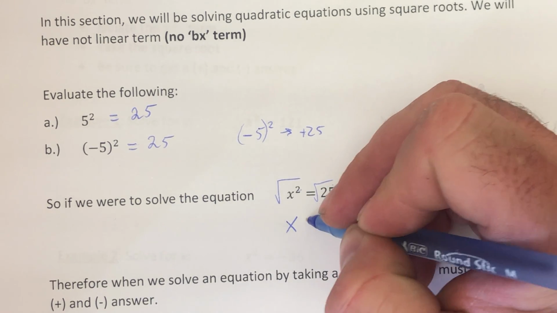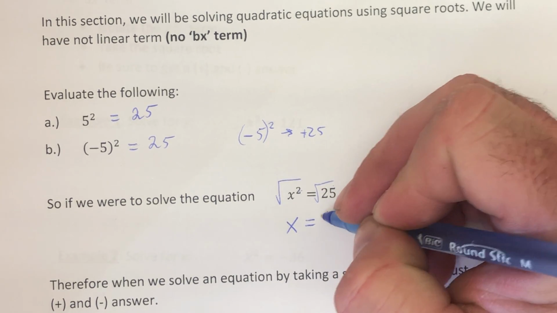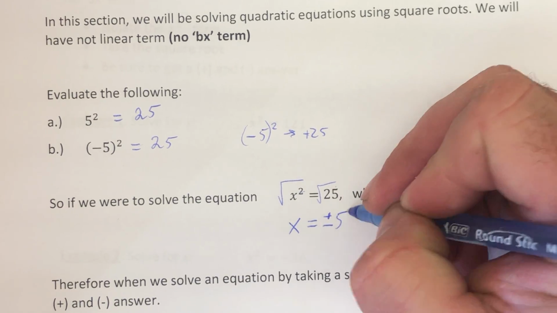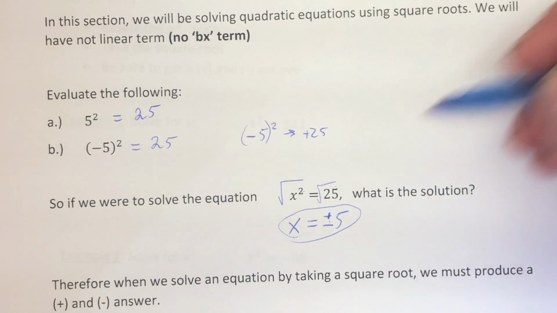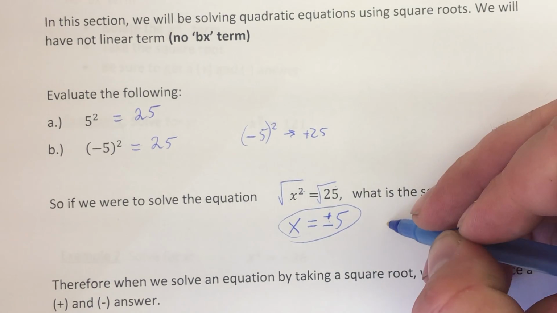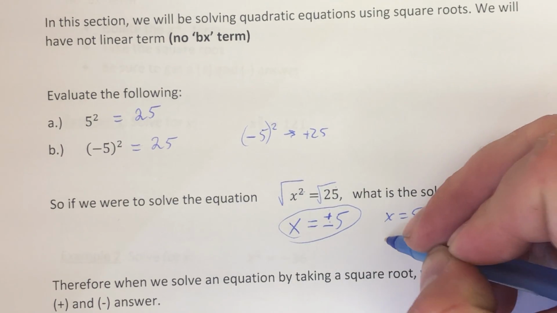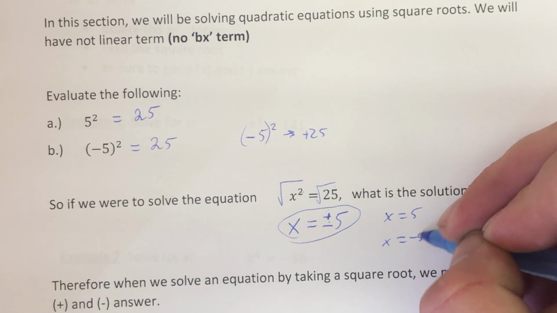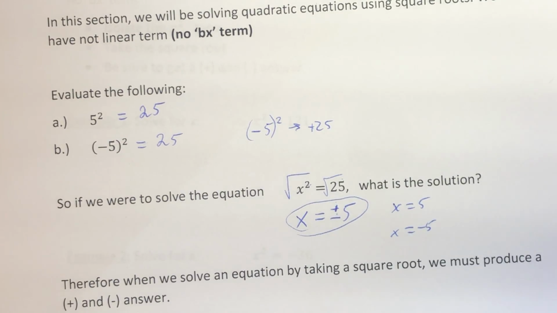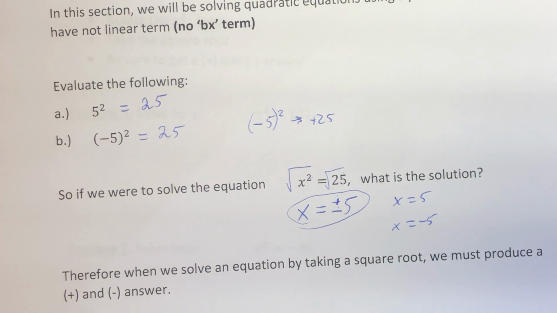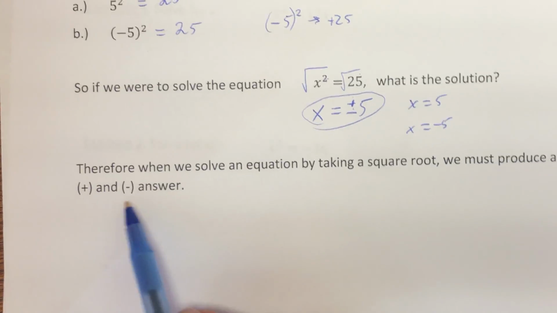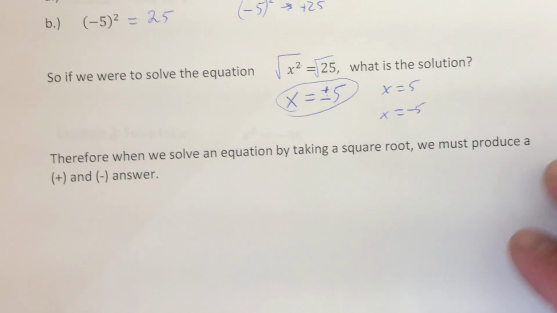So if I do the square root of 25, I get 5, so I want to say positive and negative 5. Typically in mathematics, that's how we write it. We'll just put a plus and minus in front. Or we could say x equals 5 and x equals negative 5. For our quizzes, you'll have to enter them as separate answers. So we're going to have to use a positive and negative answer.